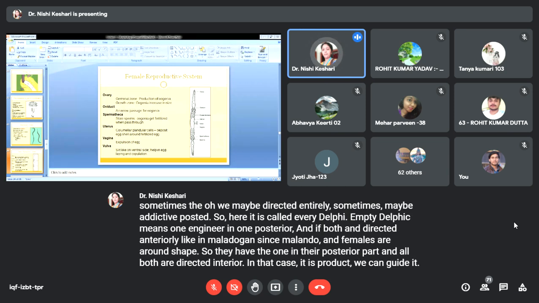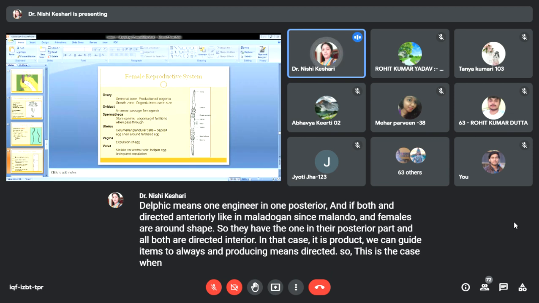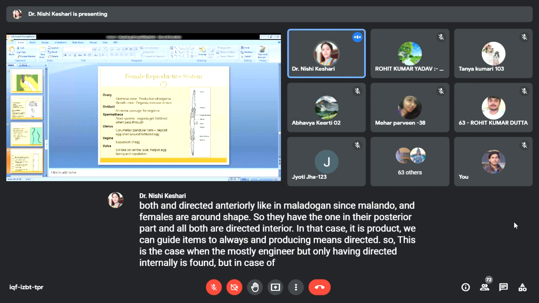Didelphic means two ovaries, and prodelphic means directed anteriorly. Mostly one ovary directed anteriorly is found, but in Meloidogyne two ovaries are found.